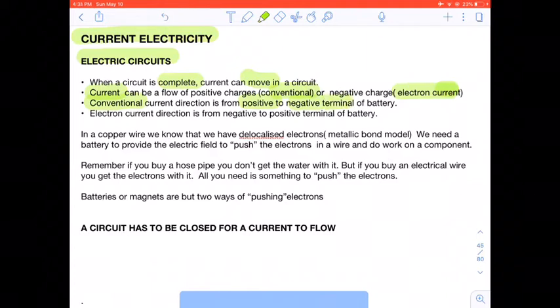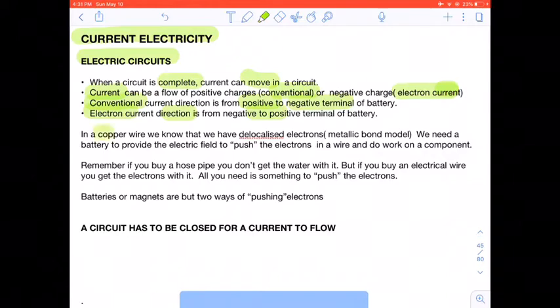An electron current, the direction is from negative to positive terminal of the battery. We are going to be using conventional current. That means the direction is from the positive terminal to the negative terminal of the battery.